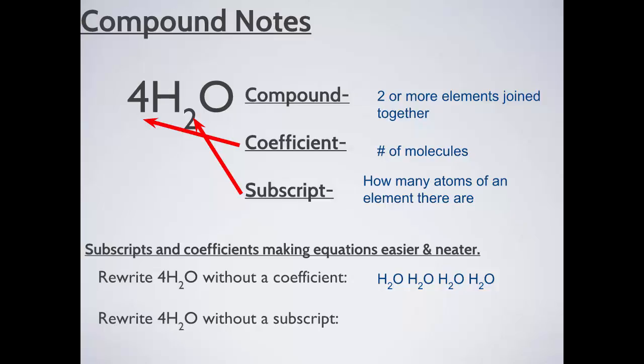We have 4 water molecules, H2O, H2O, H2O, H2O. Grace? Couldn't you put H2O in parentheses and then put the 4? Yeah, you could do it that way. You could also write without a subscript. Okay? Say 4HHOO.